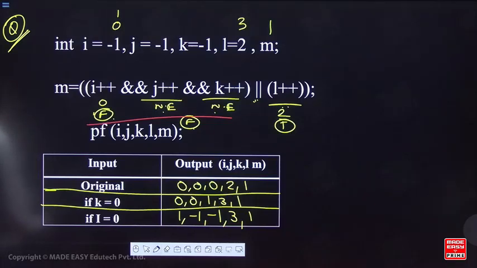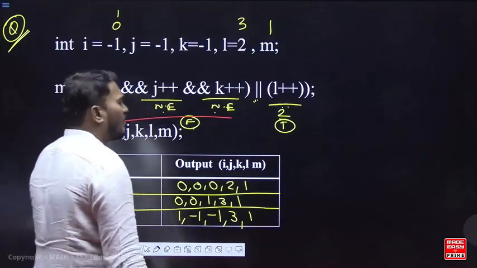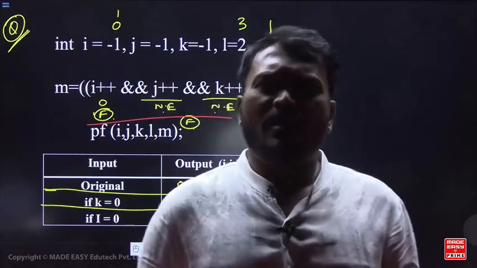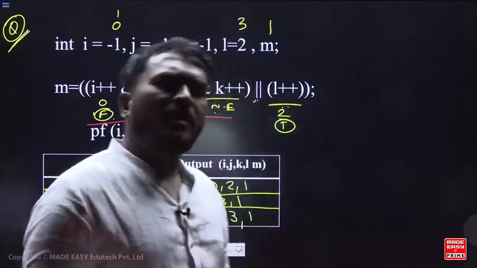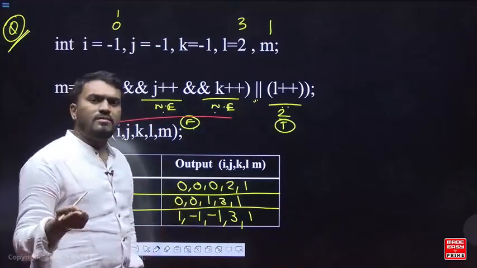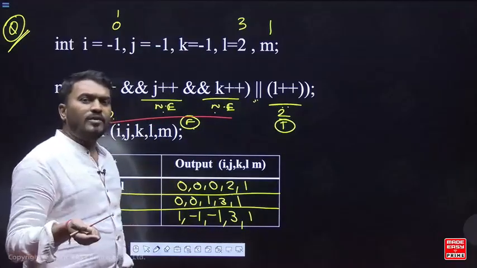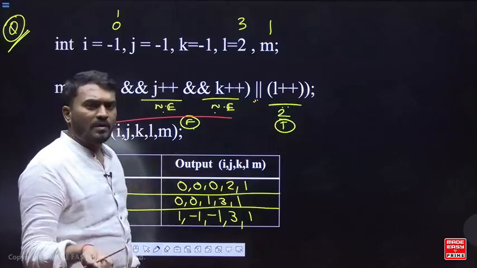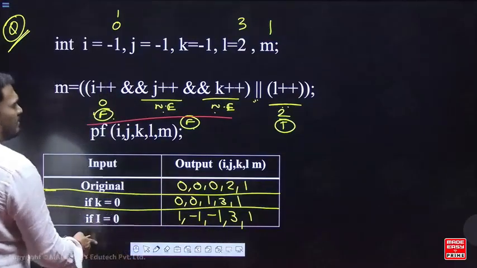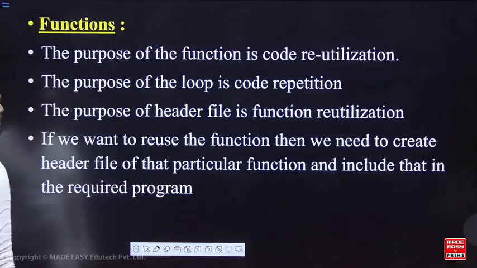OR operation में क्या होगा? If any one is true, entire expression is true. In the OR operation, if any one is true, entire expression is true. In the AND operation, if all are true, then only true. So don't confuse that. Let's move on to the next one.